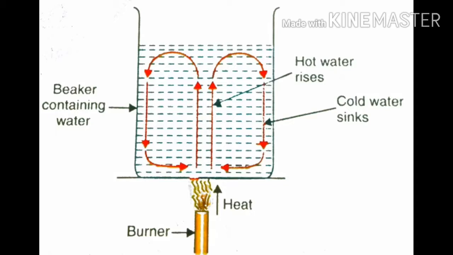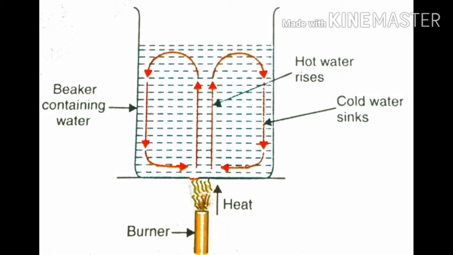heat along with it. The water on top is colder and heavier. So see, hot water being lighter rises upward. The water on top is colder and heavier, hence it moves downwards to take the place of the rising hot water.